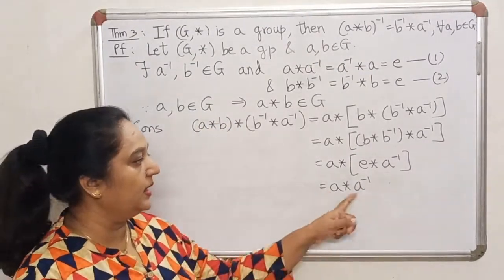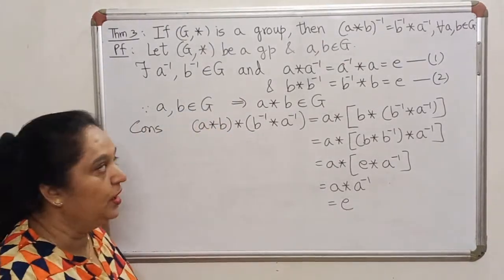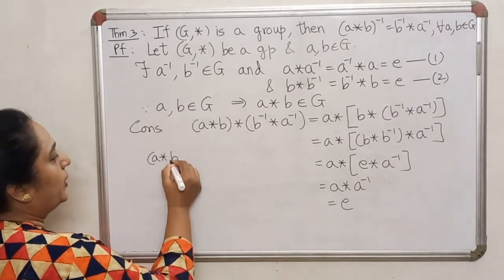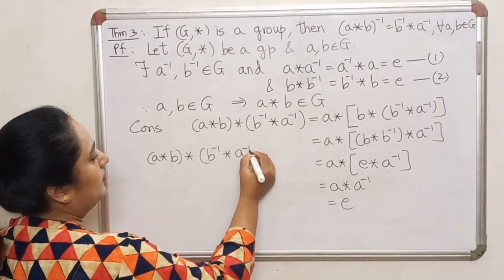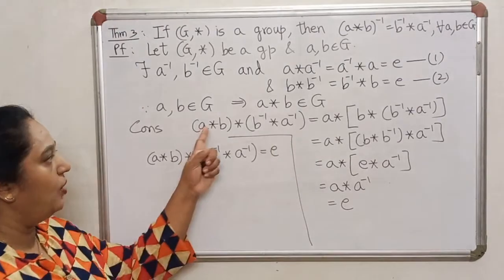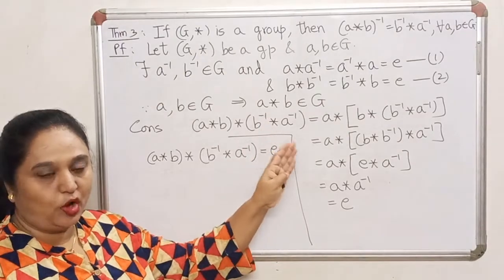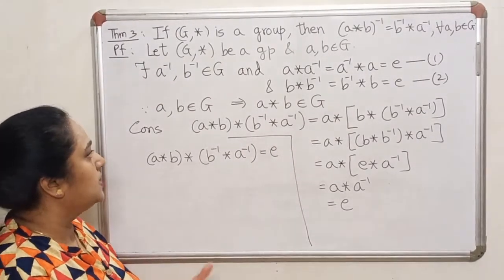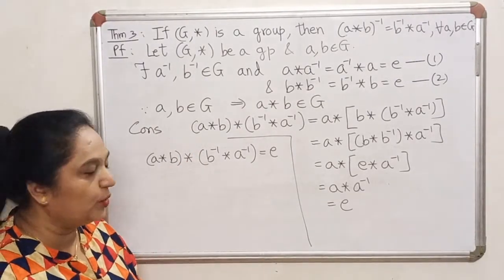And ultimately A star A inverse will be equal to E. So I have proved that this product is equal to E. Out here I have proved that the product of these two elements, remember I am calling it product just for ease of notation, is equal to identity.